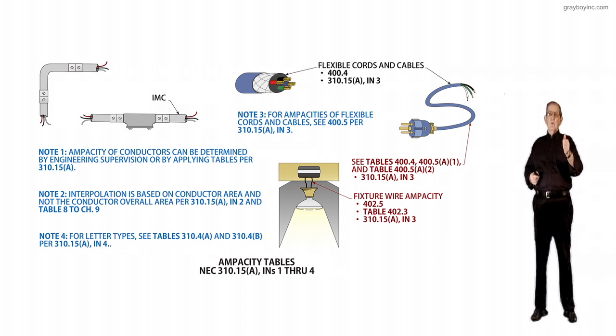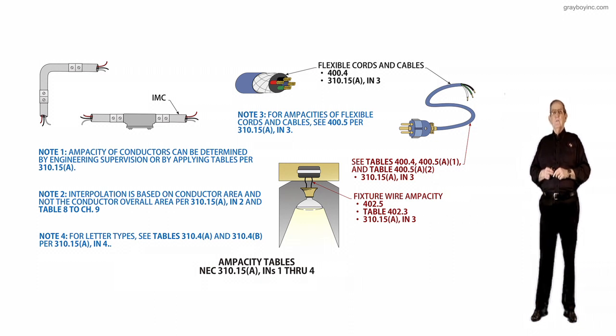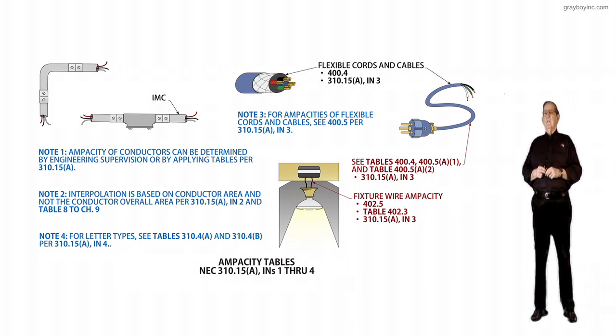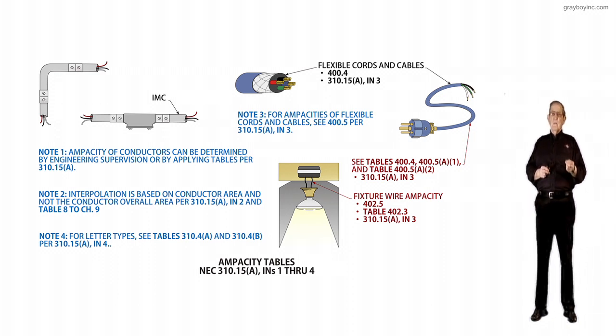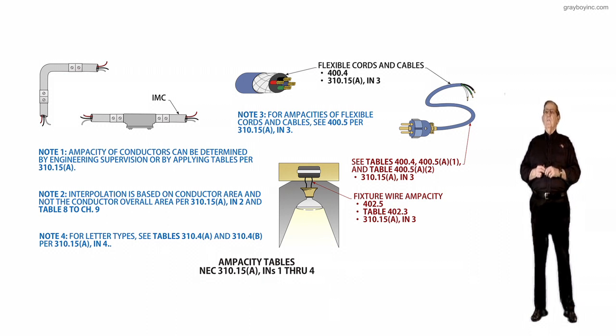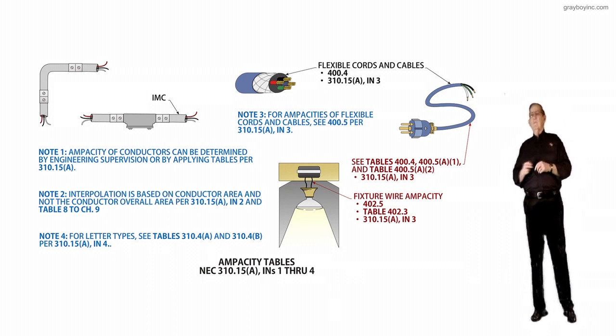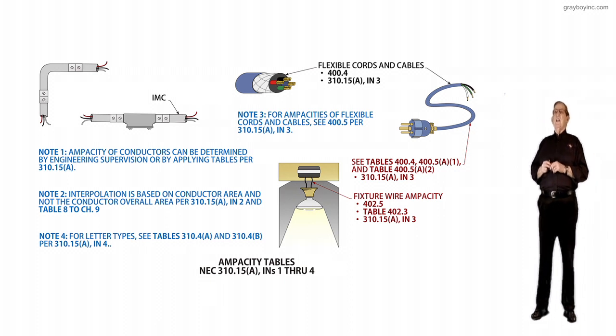But notice where the authority having jurisdiction allows it, engineering supervision and the formulas that are listed there in 310.15 very clearly can be used, but some cities have in the ordinance you can't do that. You have to use the tables so that the inspectors, plan checkers, and folks like that can understand what the engineer has done.